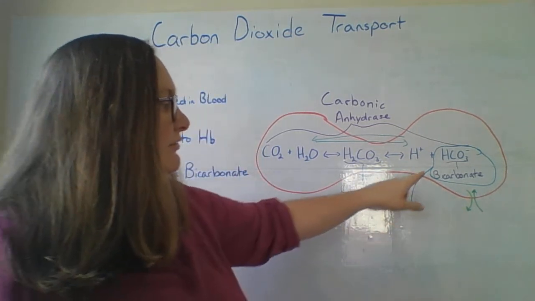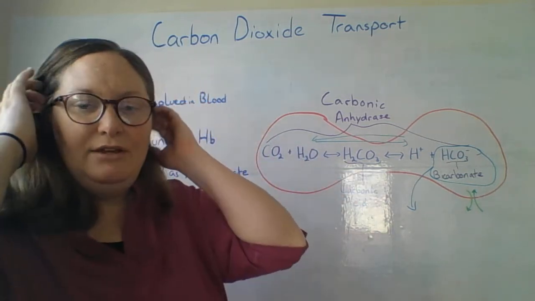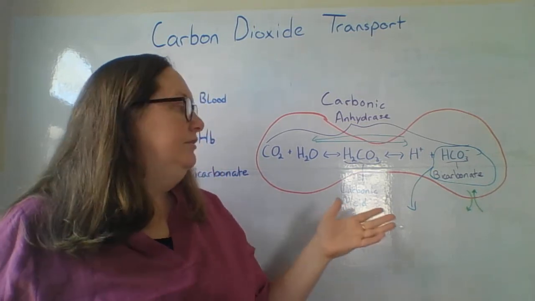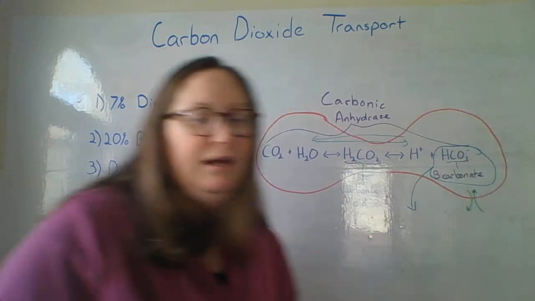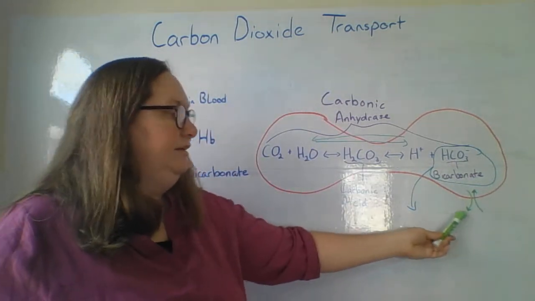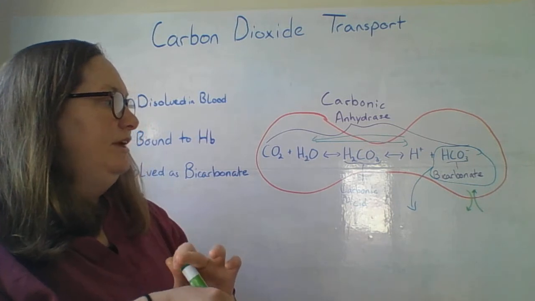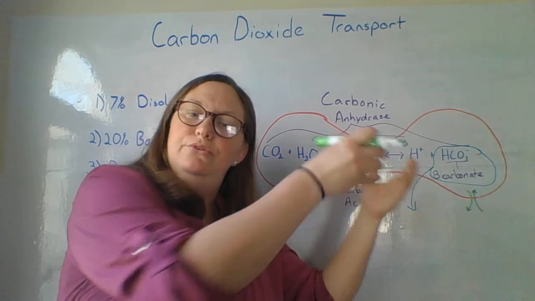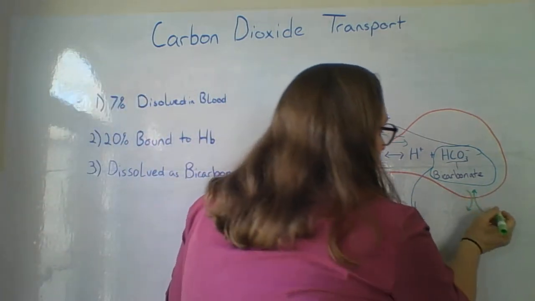Now we have this negative charge going out into the plasma. Do we really want that much negative charge going into the plasma? How could we counteract this? If you see the green here, that's supposed to be a clue. So that's a negative charge. What if we took something negative that was in the plasma and pulled it into the red blood cell? We can actually do that.